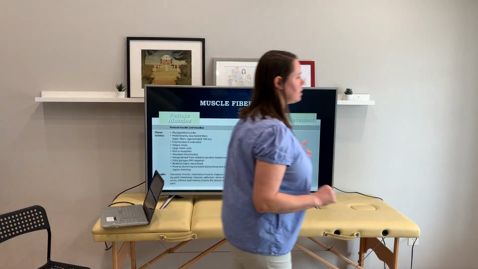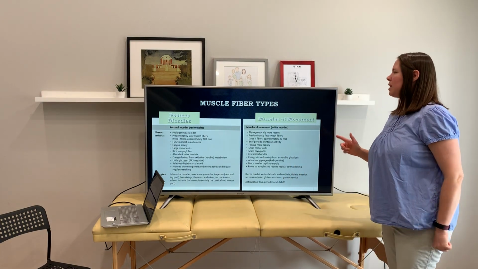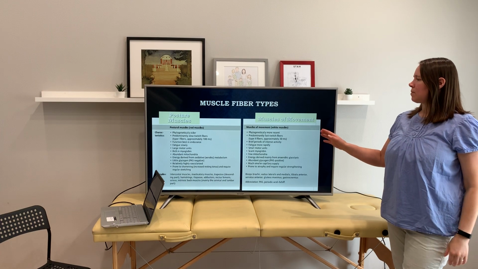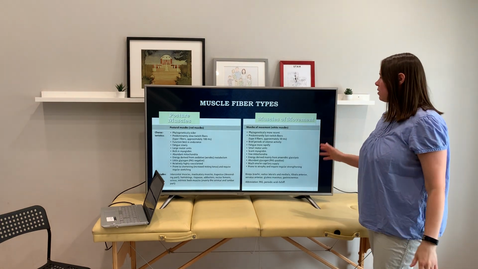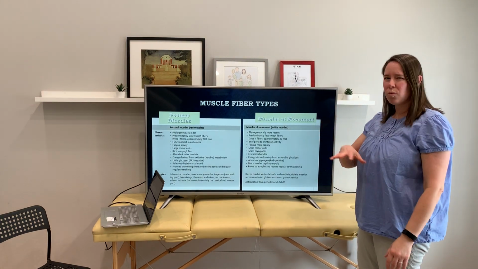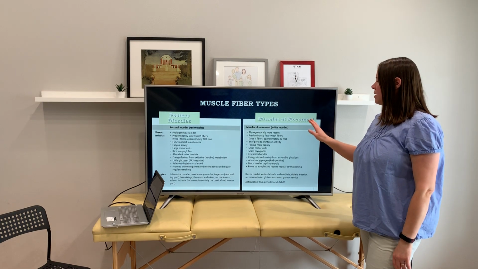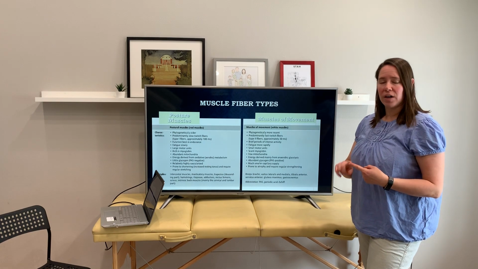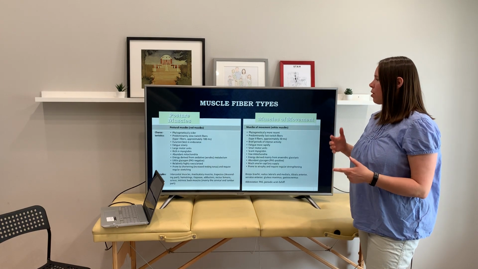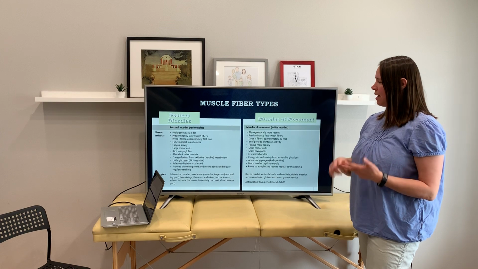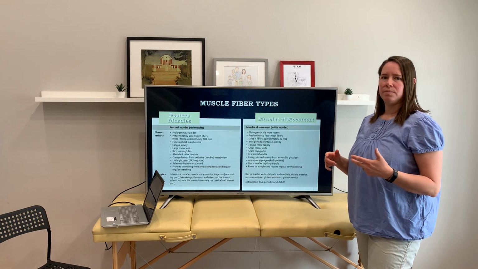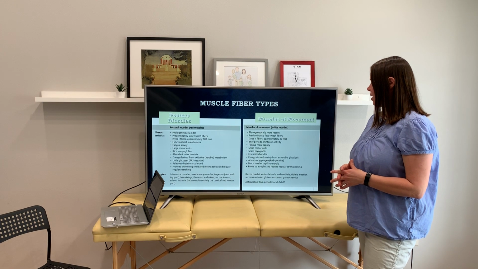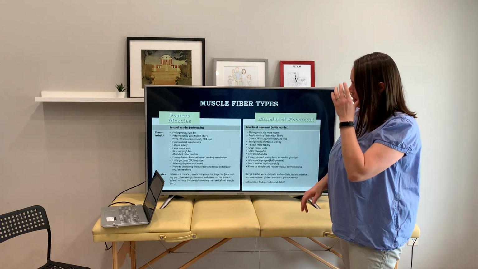You can see the different subtypes of skeletal muscle: there's type 1 and there's type 2, type 2B, there's different kinds. Don't get too bogged down with that. But this gives you a nice summary of what their function is, whether it's more postural, how fast it fatigues, or how vascularized they are, to jog your memory on those different muscle fiber types.